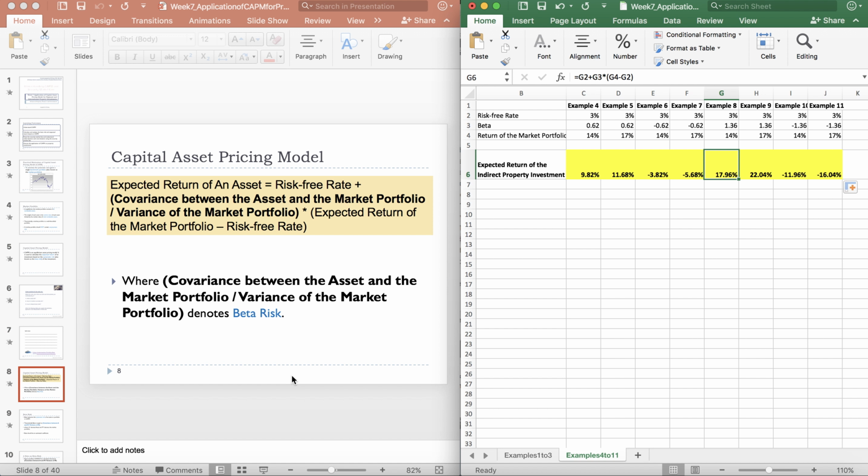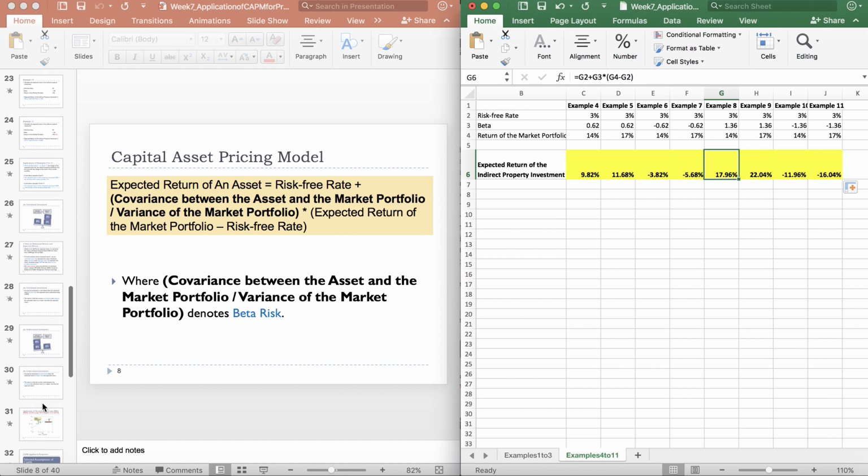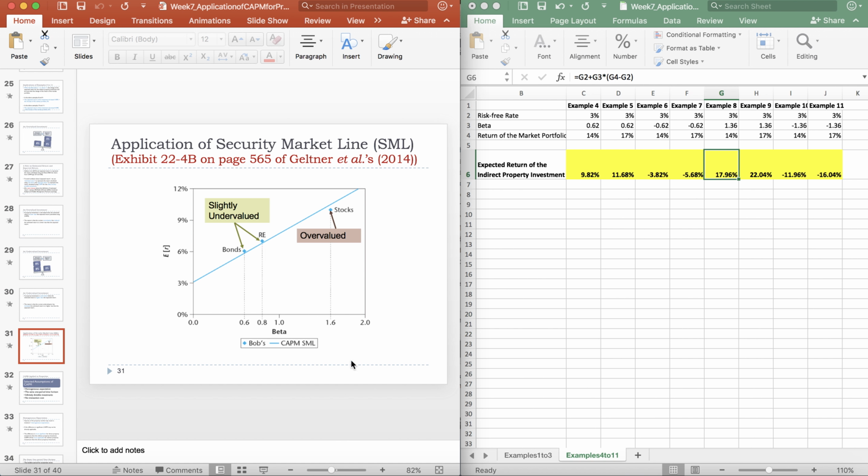So now let's move down to look at the application of the CAPM model in regard to the security market line. The slide here shows the security market line, and this security market line represents the capital asset pricing model. Along this security market line are all the fair returns based on different levels of systematic risk.